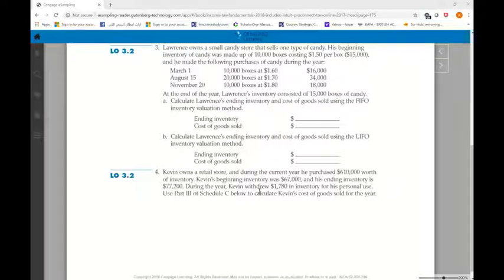During the year, Kevin withdrew 1,780 in inventory for his personal use. Use part 3 of Schedule C below to calculate Kevin's cost of goods sold for the year.